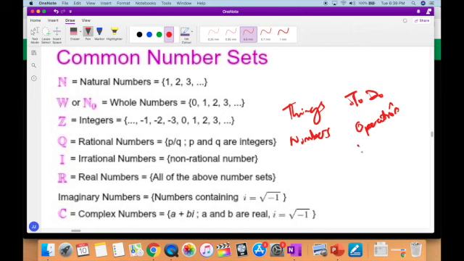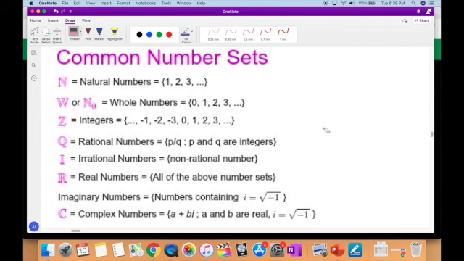So we can add those things, minus those things, multiply and divide those things. So the thing is that we're looking at the things, the numbers, and we realize numbers have different types of numbers. We have different sets of numbers.